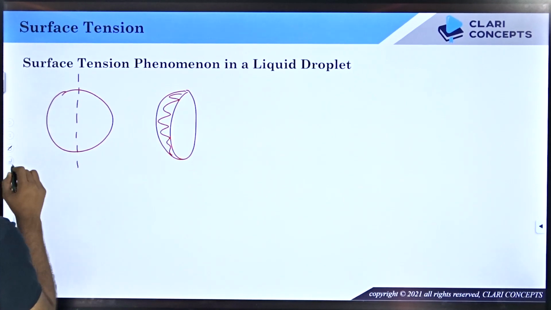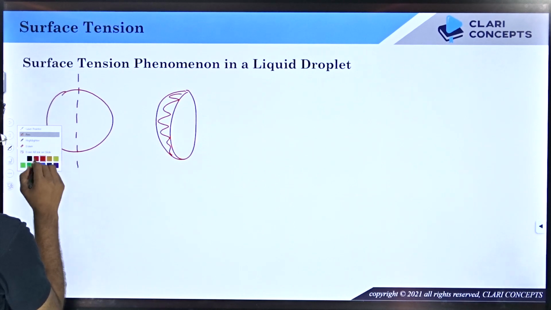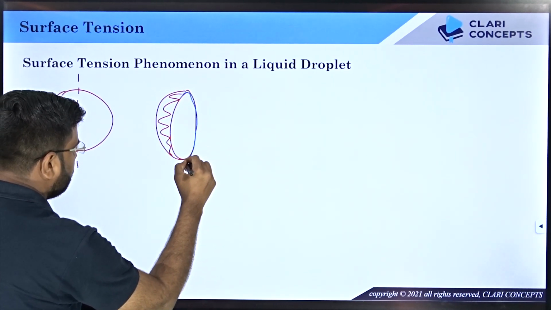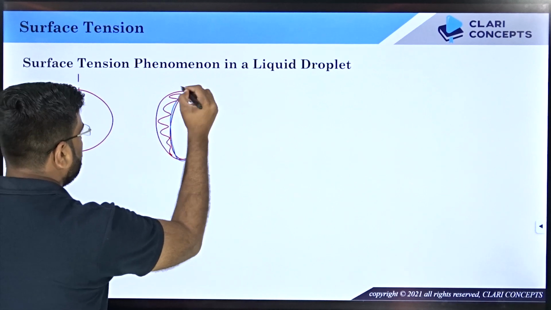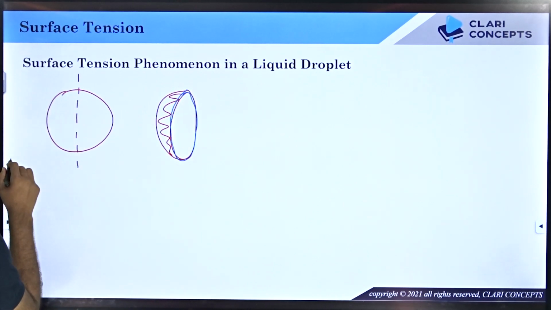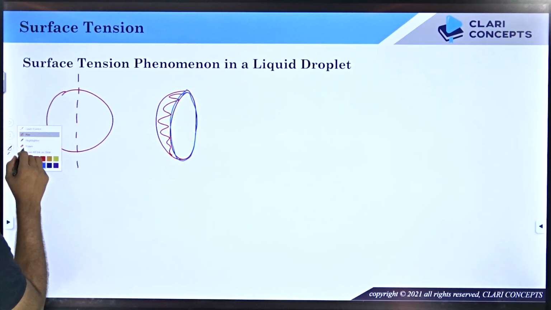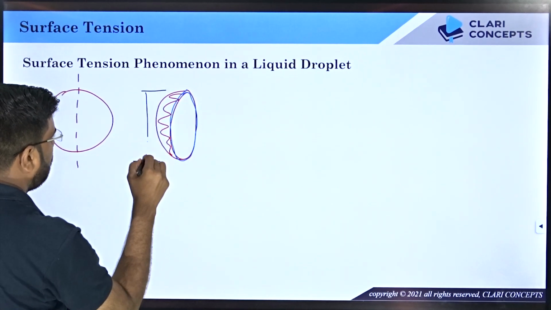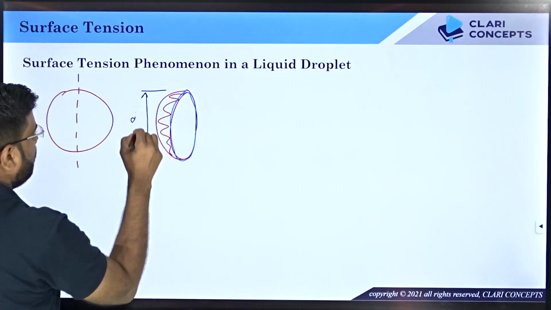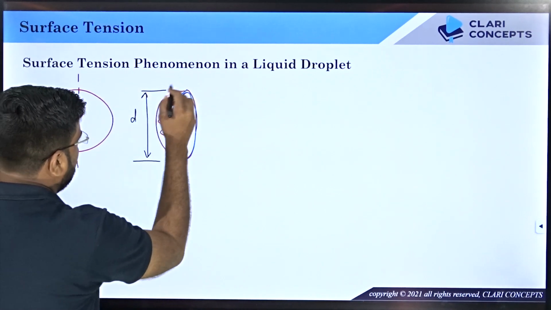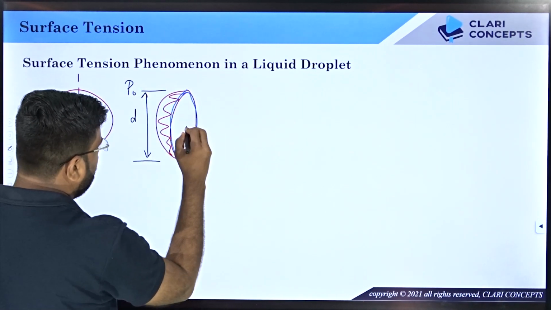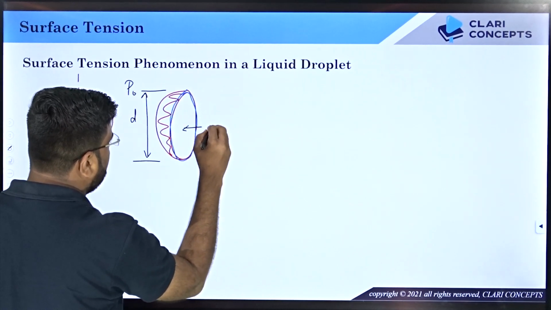Now if you see over here, these are the surface molecules which are in tension. Only this much, right? Let us suppose the diameter of this particular droplet is d. Outside the droplet, the pressure exerted on the droplet is, let's say, Po, and the pressure of the liquid molecules within the droplet is, let's say, Pi.